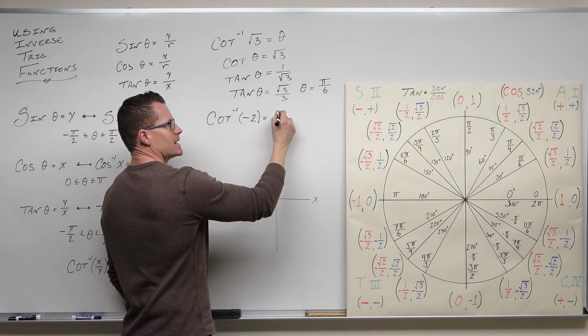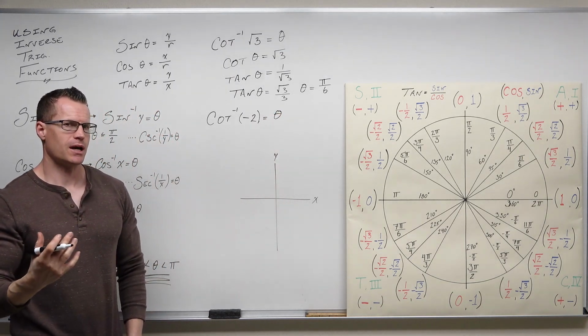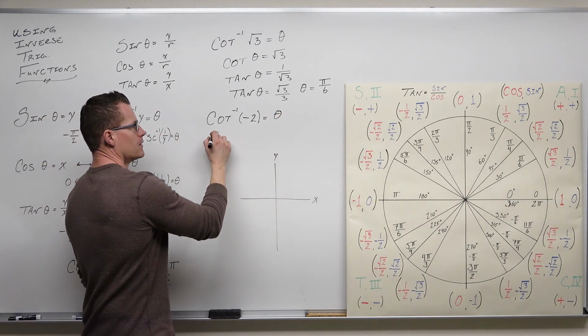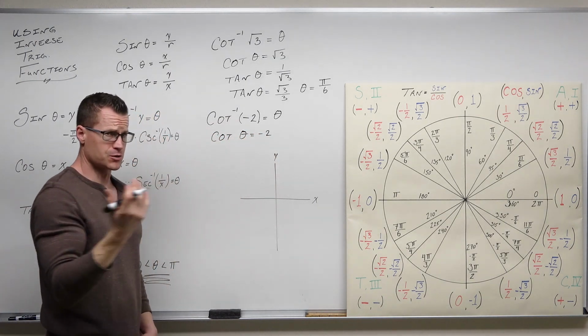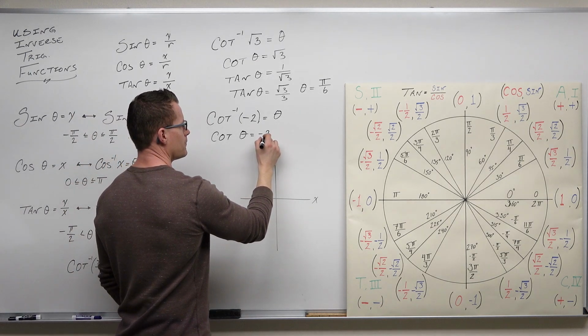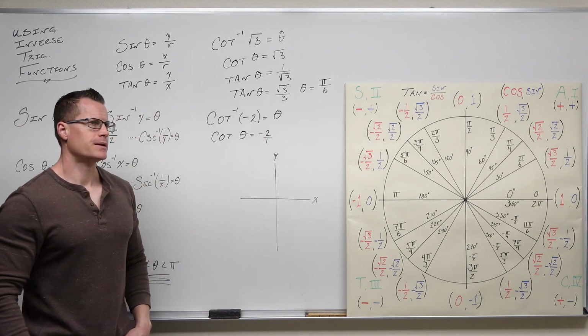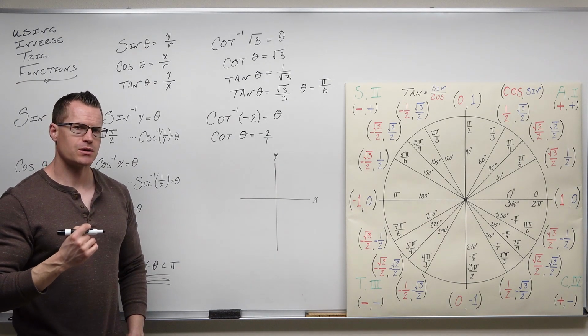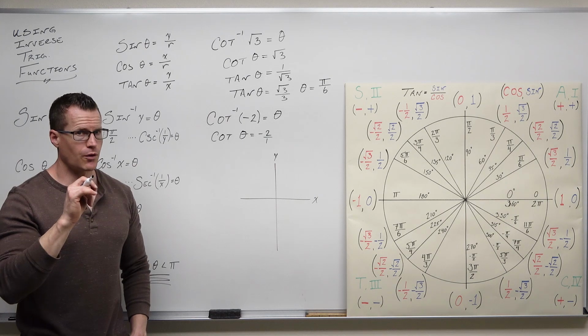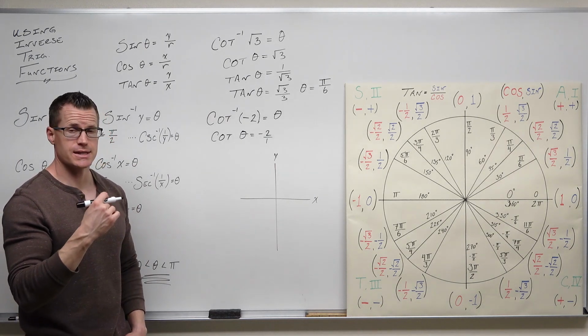Inverse functions give you angles. All right, we're good with that. This is true if cotangent theta equals negative 2. Let's put this as negative 2 over 1. Now, if that's true, then this is going to give me an x over a y. Remember that cotangent is x over y.